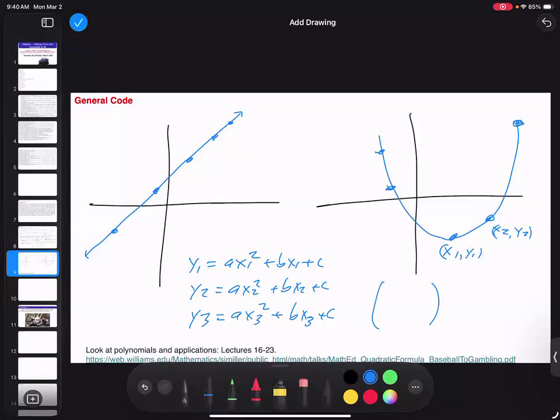If your students are familiar with matrices, you could write it as some matrix hitting A, B, C equals y1, y2, y3. It would be x1 squared, x1, 1, x2 squared, x2, 1, x3 squared, x3, 1. You have 3 equations, 3 unknowns. You can solve it. And what's great is 2 people will never be enough to determine it.